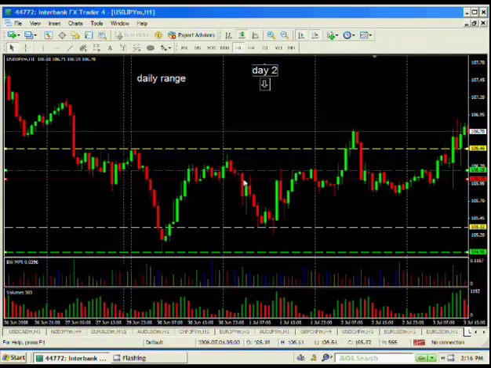But anyway, now once we get a close below here, we may start looking for a pullback, because as you know from your LCM rules, once you have a range bar, you typically get a pullback.